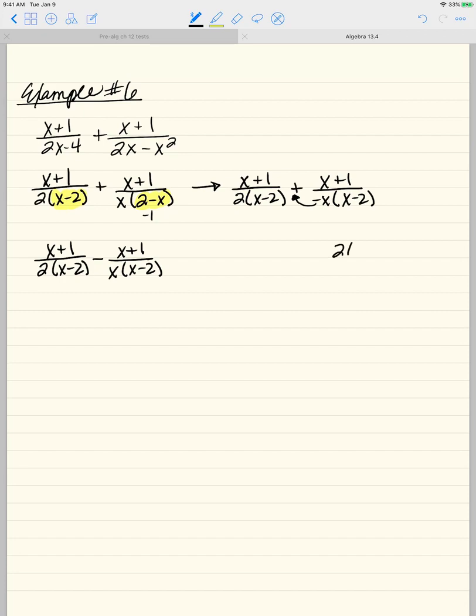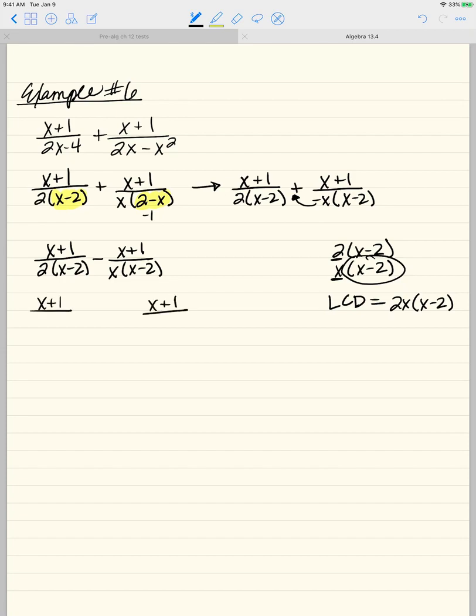Now, I have 2 times x minus 2, and I have x times x minus 2. So what is my LCD going to be? It's going to be 2 times x times one of these, x minus 2. So 2x times x minus 2, right?